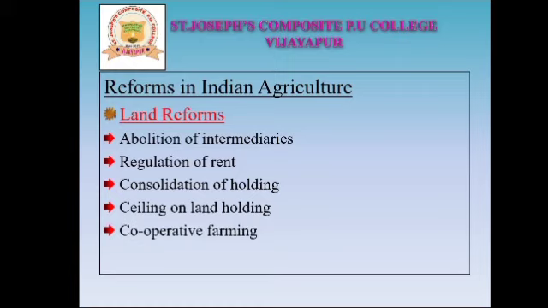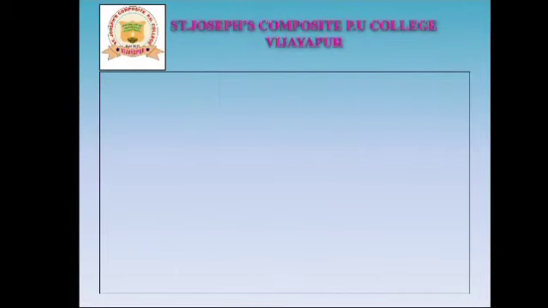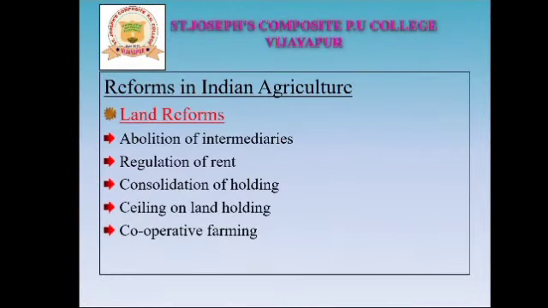And next one, cooperative farming. Here the farmers can farm or cultivate the land together and increase productivity in the agriculture sector. These are the main aims of the land reforms during the period of 1950 to 1990.